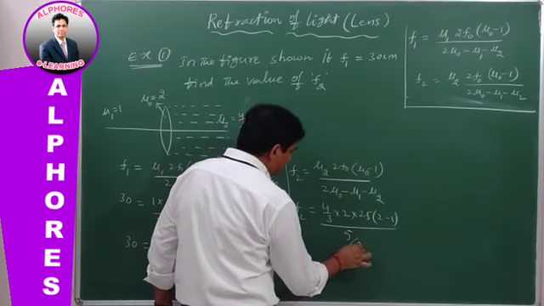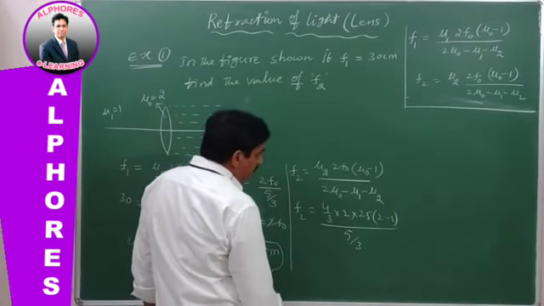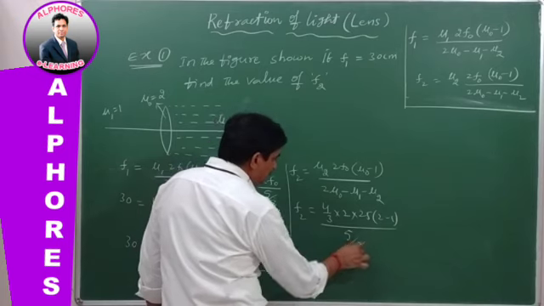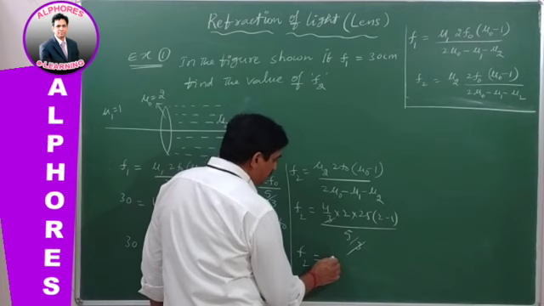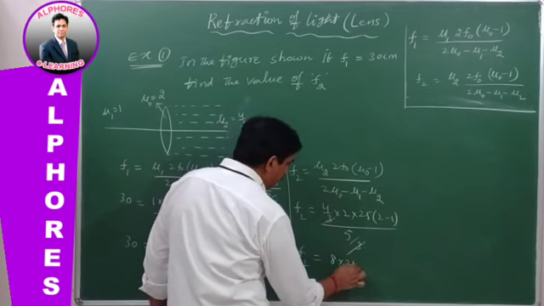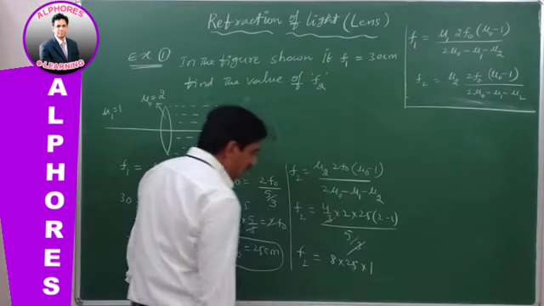Directly I can write it as 5 by 3, right? By simplifying this, clearly 3 gets cancelled. So f2 is equal to 4 into 2 into 25 into 1.